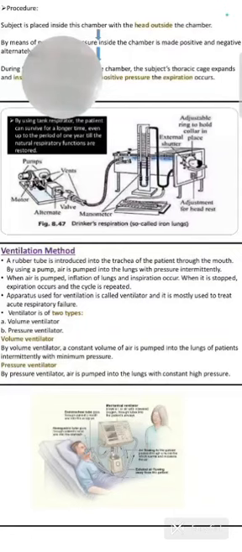With a volume ventilator, a constant volume of air is pumped into the lungs of the patient intermittently with minimum pressure. But in the case of a pressure ventilator, air is pumped into the lungs with constant high pressure. So that's all about artificial respiration.